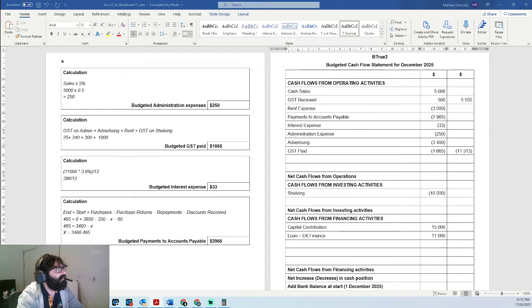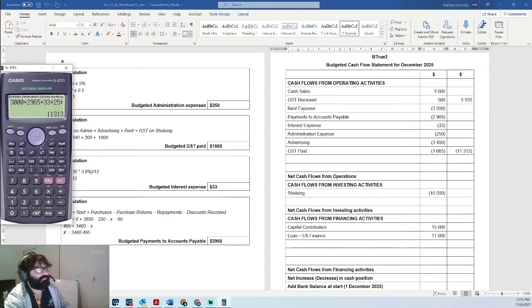So shelving, loan, unless it's 2,500. That could be it. So 2,000 divided by 12. Nope. Okay, it's not that.